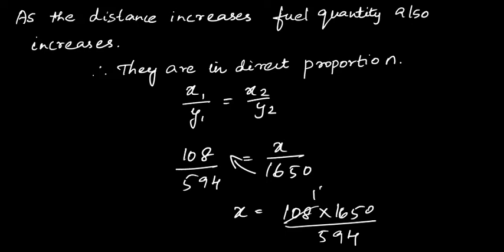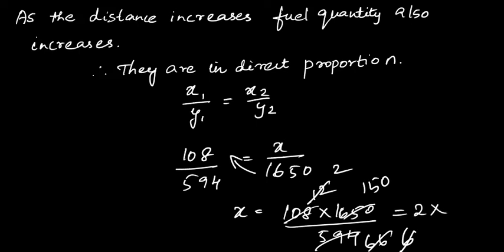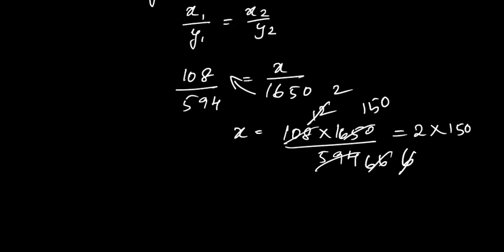We'll get 12, and here you will get 66, and 1650 and 66 you can cancel using the 11 table. So you will get 150 and 6 here. Then you can cancel 12 and 6 and you will get 2. So x value is equal to 2 multiplied by 150. So x is equal to 300.